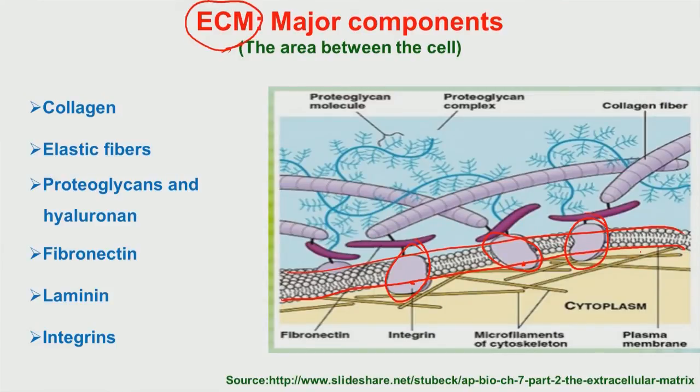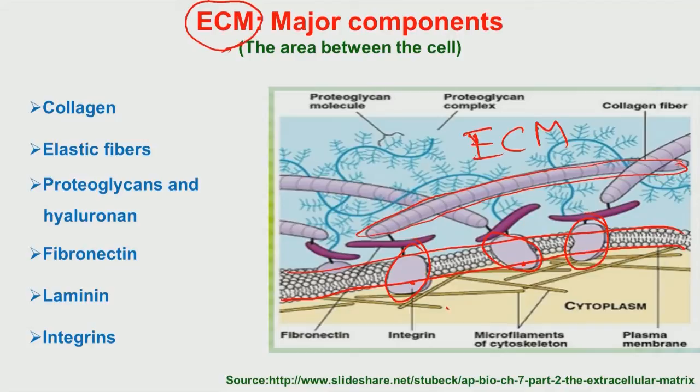Outside the cell, on the other side of the cell membrane opposite to the cytoskeleton or cytoplasm, is the entire space where you have different biological macromolecules and collagenous proteins. This particular space is very important as far as the functionality of the cells is concerned, and this space is known as the extracellular matrix.